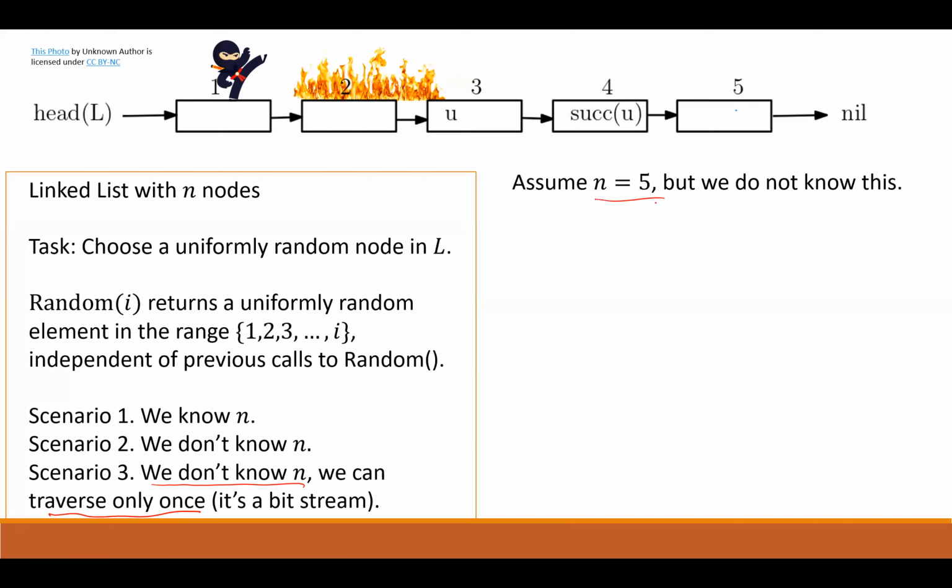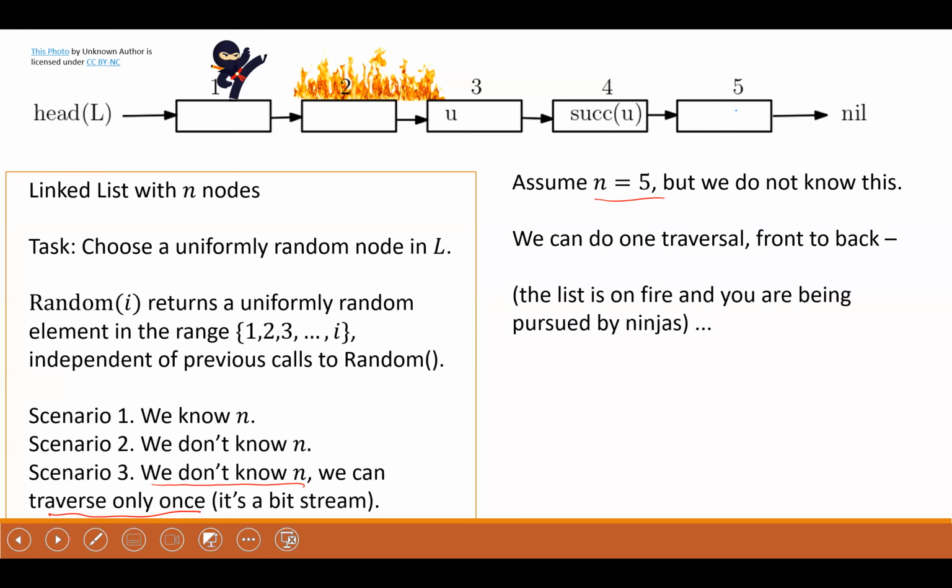So in this case, we can assume n is equal to 5, but we don't know this beforehand. We're going to go through the bit stream once and once only, because the list is on fire and there's ninjas chasing you. So we go through once and we have to choose one of the items uniformly at random.